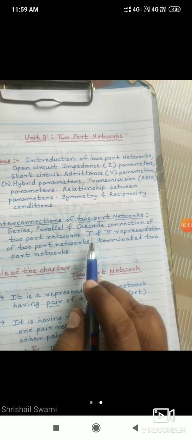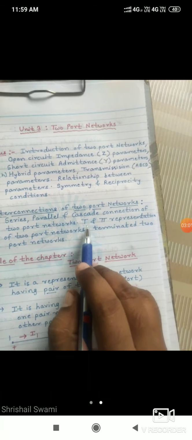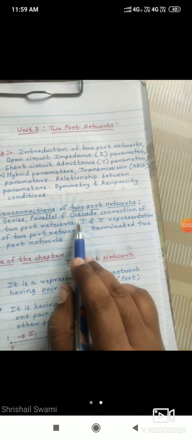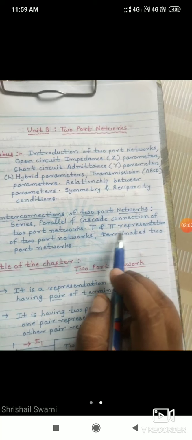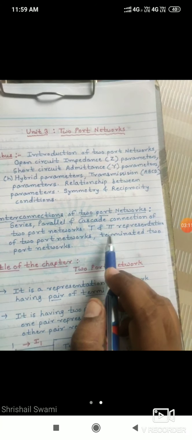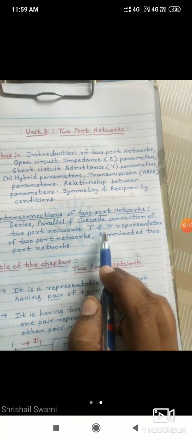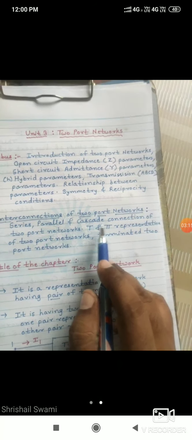Pi is the symbol. The network elements are connected in such a way that it looks like the shape of T as well as the shape of pi. So this is a very interesting point, T and pi representation. In the university question paper, there will always be problems or theory based on the T and pi representation.